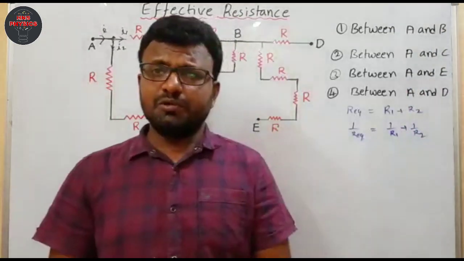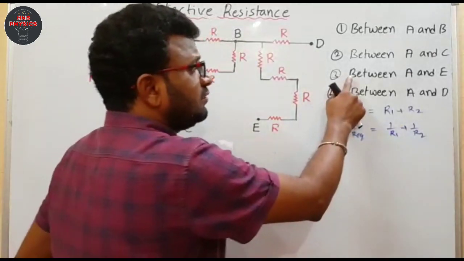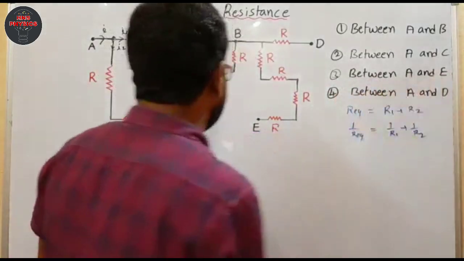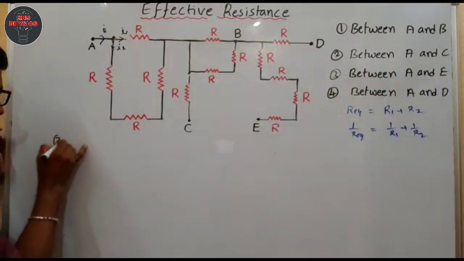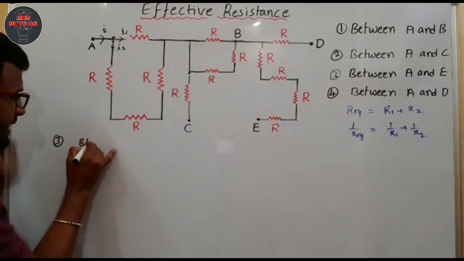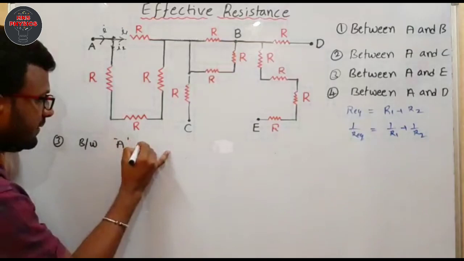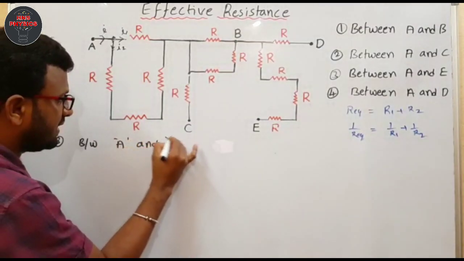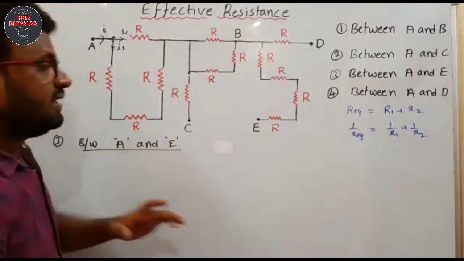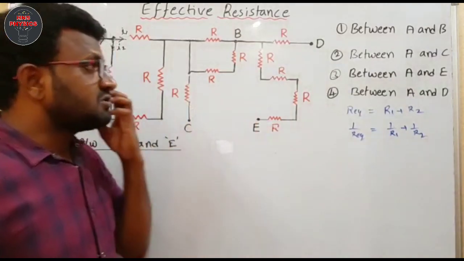Come to the third one, that is the effective resistance between A and E. Try to understand the concept, students.